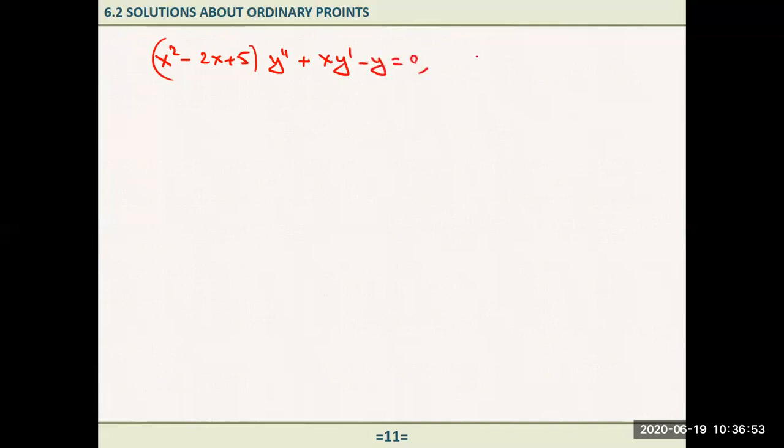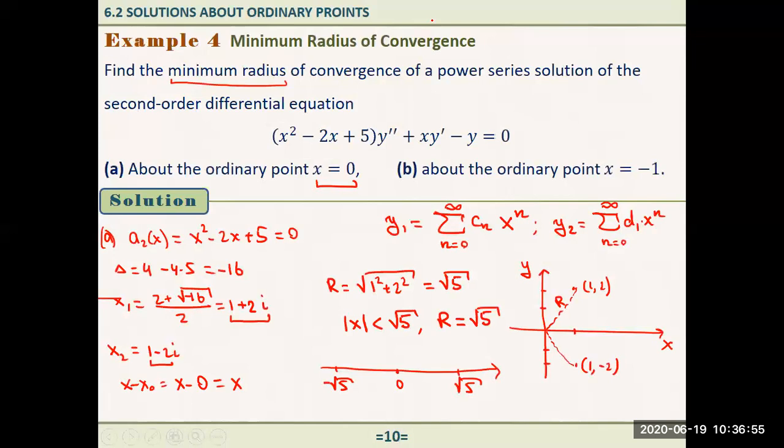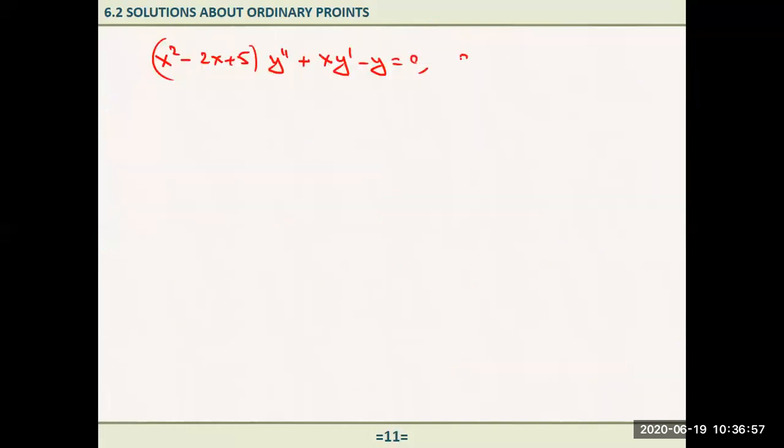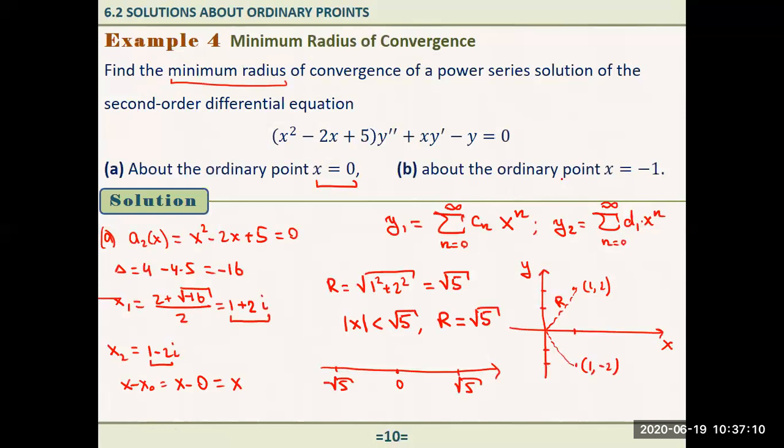And the singular points are, what are these? 1 plus 2i and 1 minus 2i. So in our question, it's saying about the ordinary point x equals negative 1.